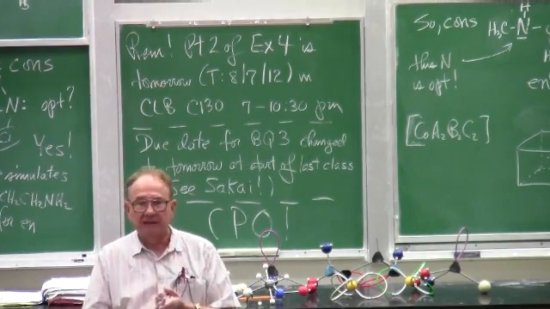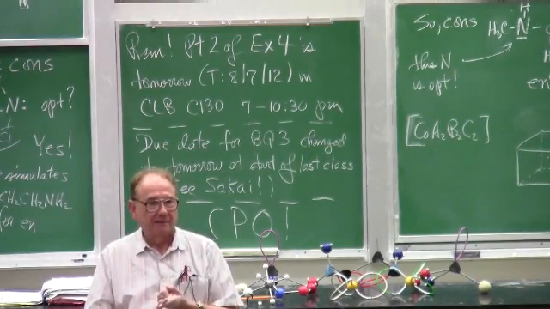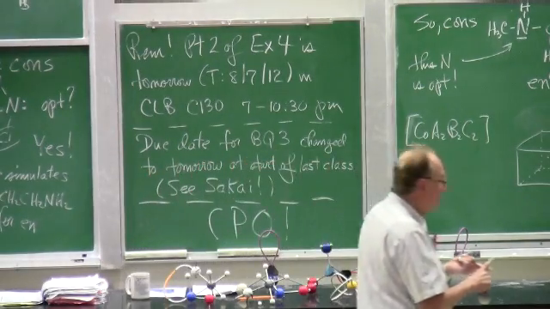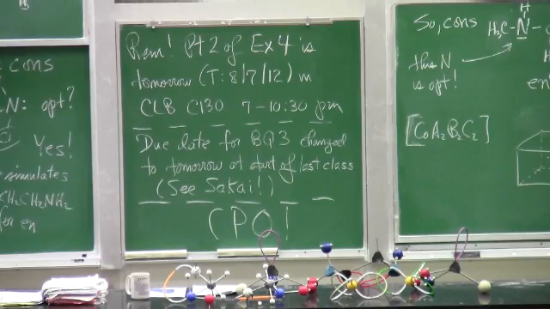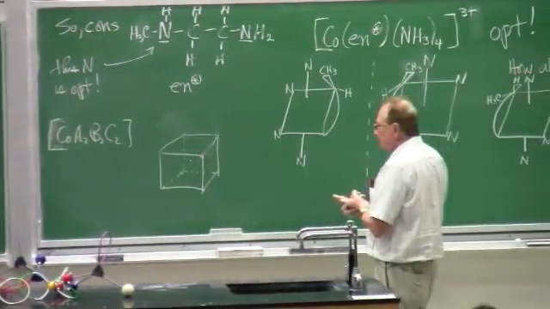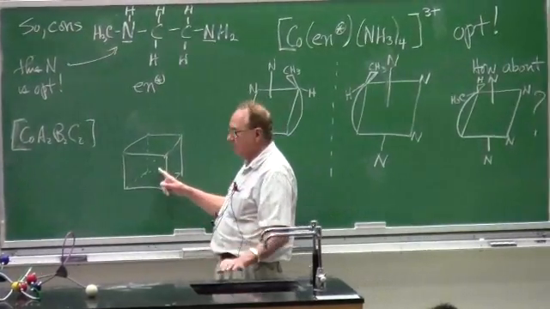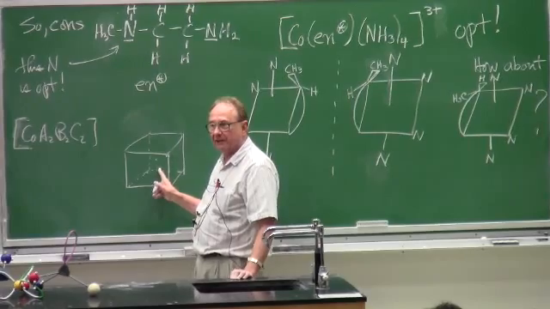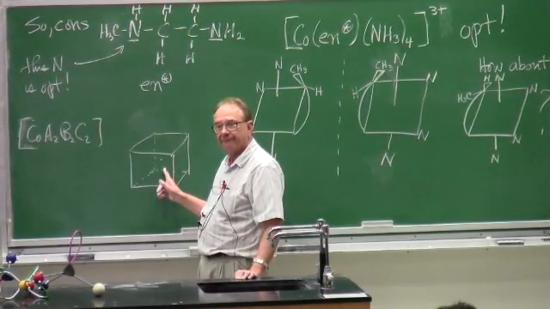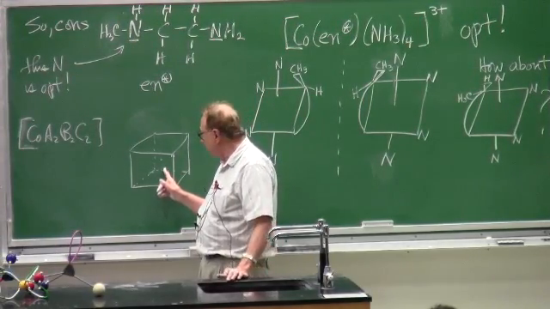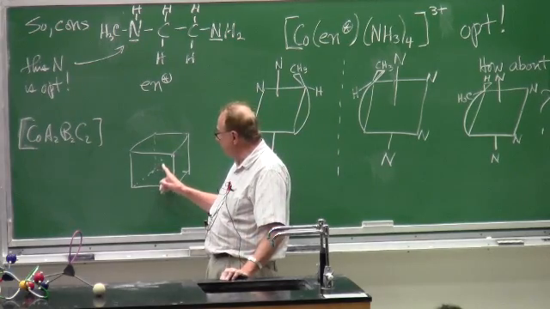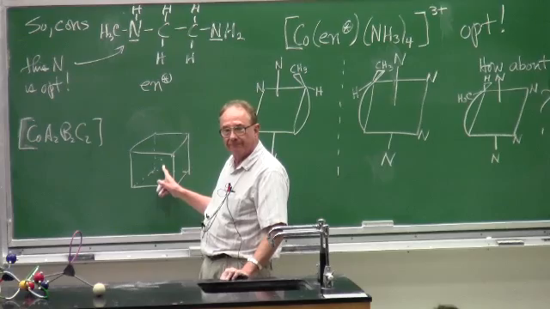What would it be? Well, maybe you don't know the name for it. But what would I do to my cube to turn it into the shape of the complex that I'm describing?